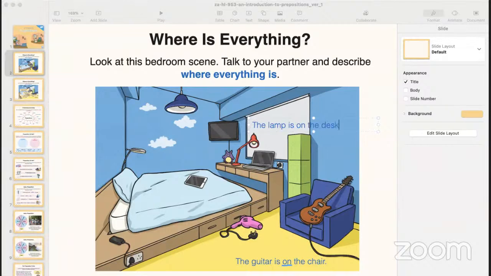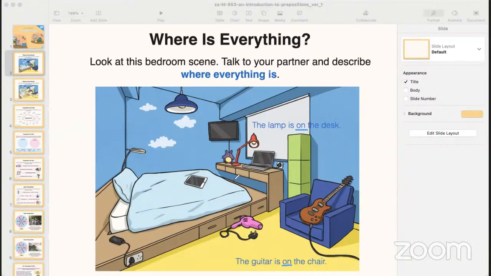Again, we're using the word on because it is on top of the desk. If anything is inside, for example, you say the boy is in his home because he's inside the house, so that's why you would use the word in.